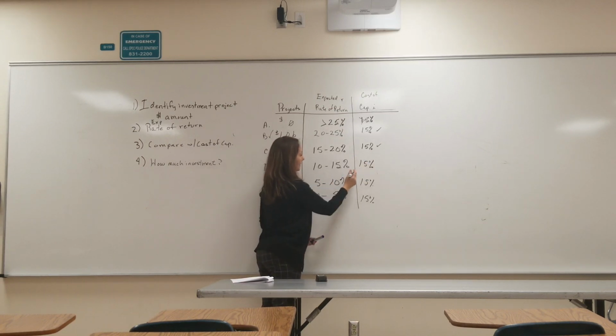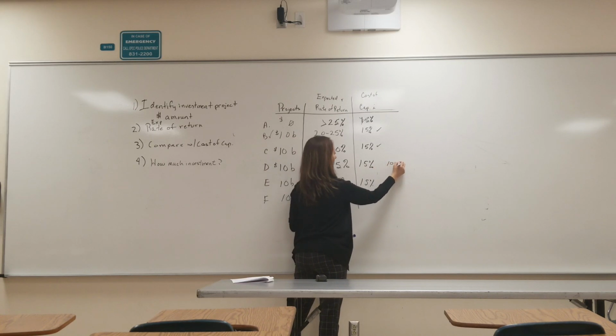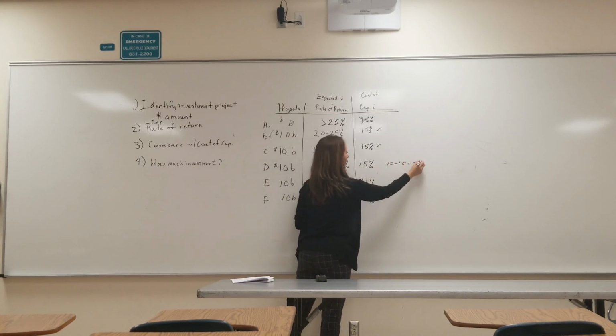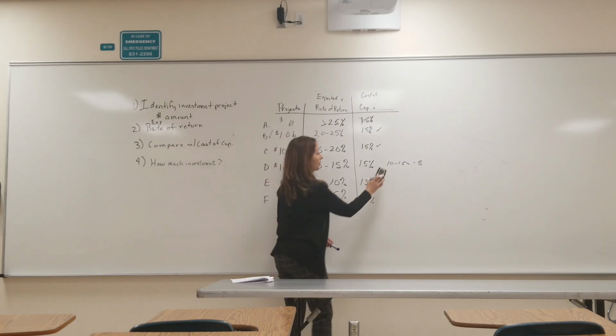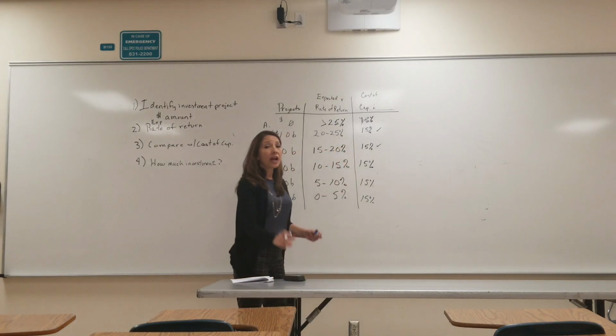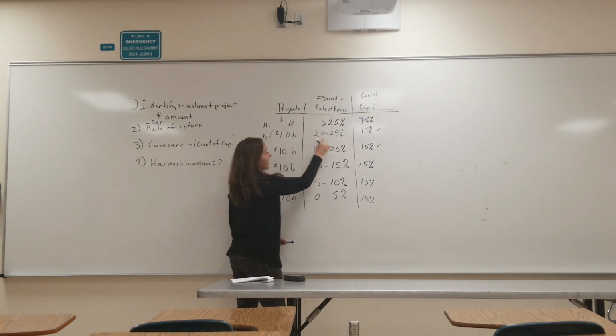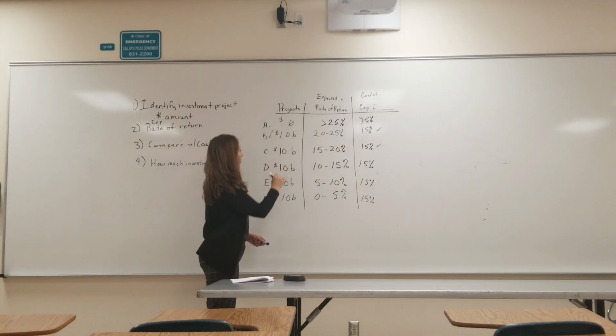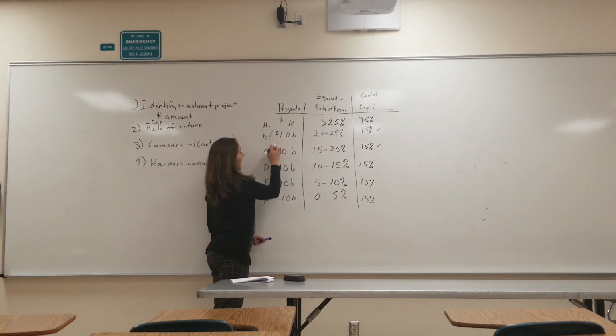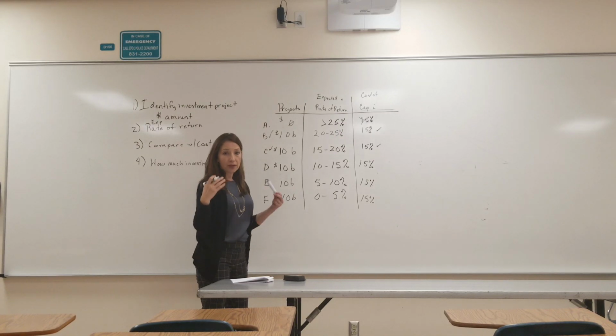Well, in this case, 10 minus 15 is going to give us a negative 5%. We don't want to do that because that's going to be a loss to us. So what we find is that when the interest rate is 15%, we are going to undertake B and C, $20 billion worth of investment.